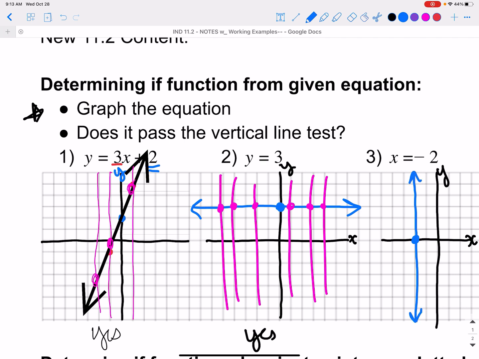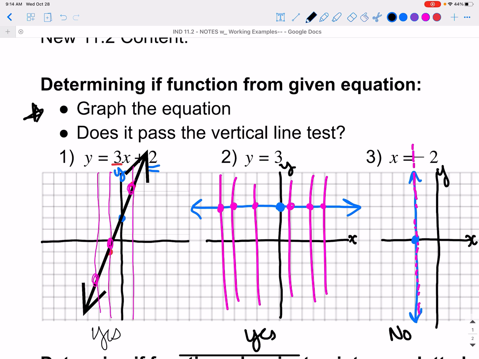Well, this is a vertical line, so this line cannot pass the vertical line test because it is itself a vertical line. So if we tried the vertical line test and I tried to draw a vertical line, it hits constantly. It doesn't just hit at one point, it hits at every point. So no, this would not pass the vertical line test. This would not be a function.